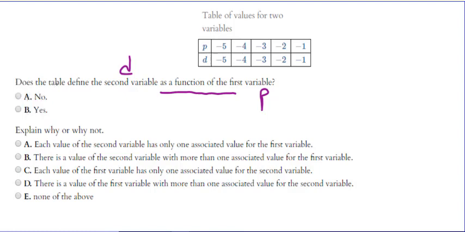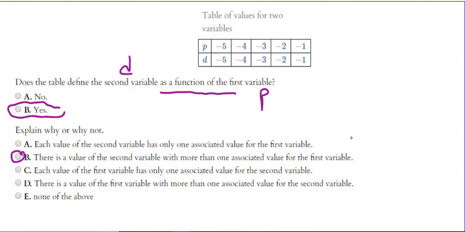So, back up. Is this table a function? Is the second variable a function of the first? And the answer is yes. And the reason why is there's a value of the second variable with more than one associated value for the first.